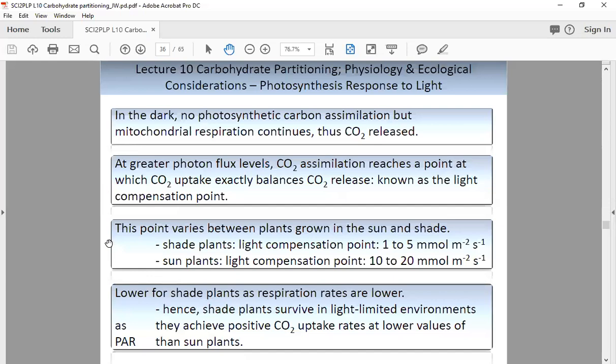Therefore, only a little bit of photosynthesis is necessary to bring the net rates of CO2 to 0, that is, to reach that light compensation point. As a result, shade plants can survive in light-limited environments as they can achieve positive carbon dioxide uptake rates at much lower values of PAR than some plants.